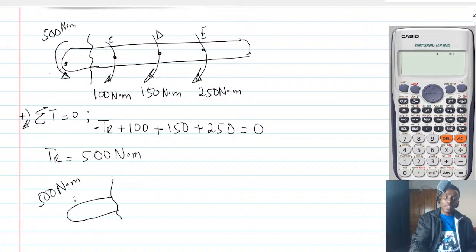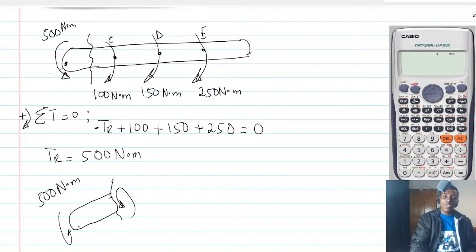Okay, no, let me take my time and do this. If this guy will rotate him in that sense, then there is the opposite. So if this is going this way, then this will come to counter it.